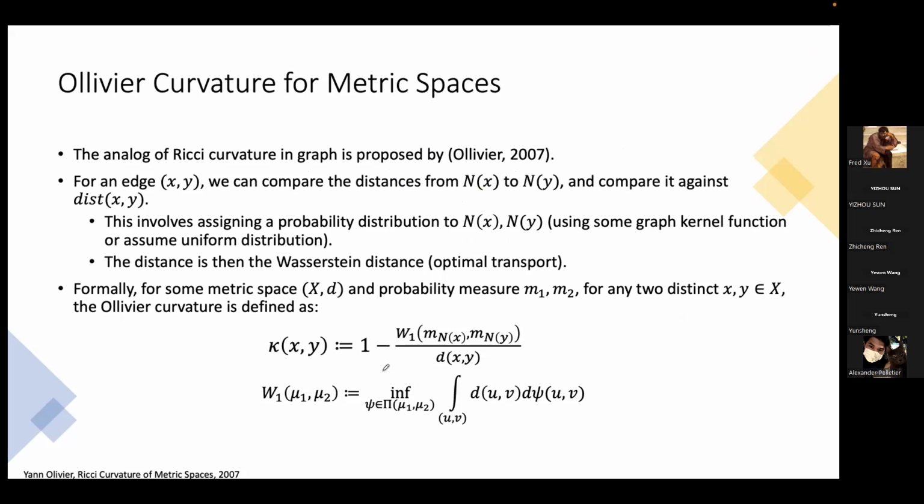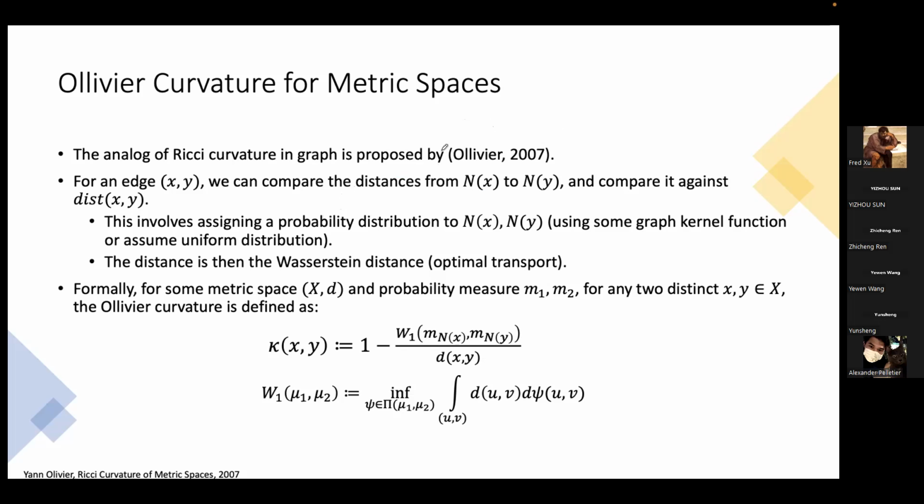So in 2007, Ollivier proposed an analog of Ricci curvature for graph. Instead of thinking about it continuously, they think about graph as some sort of a distribution, because for each node, you can describe its neighbors using some sort of a distribution.